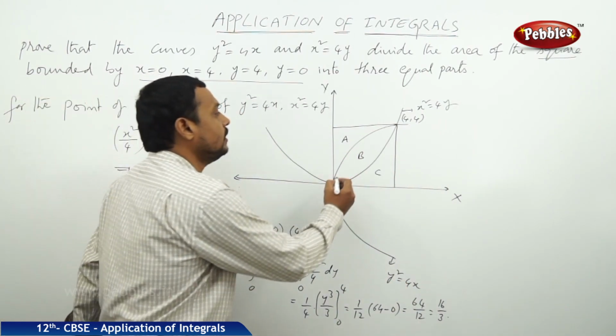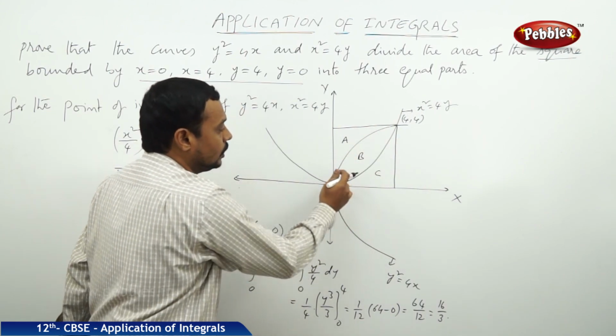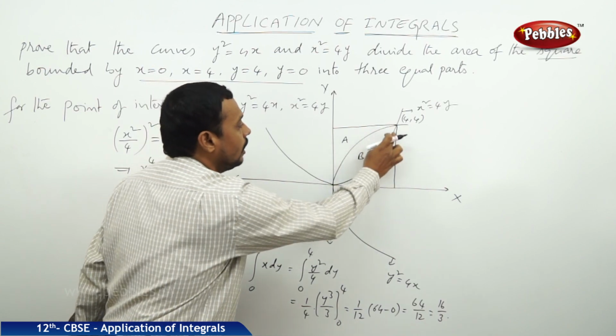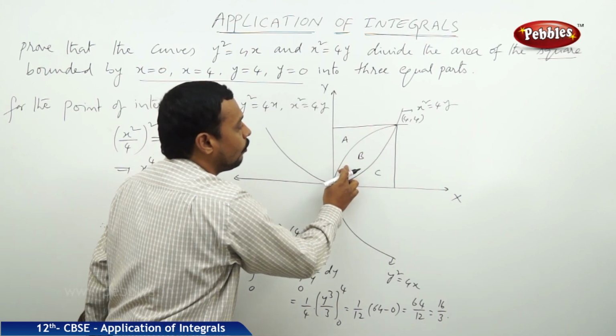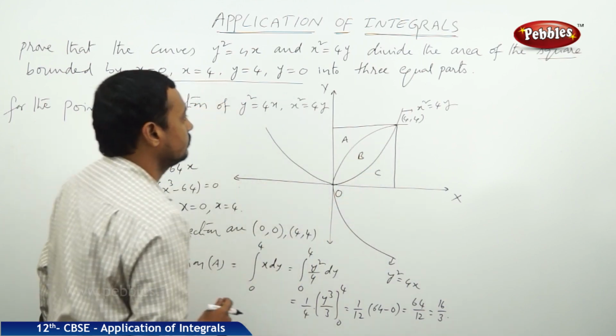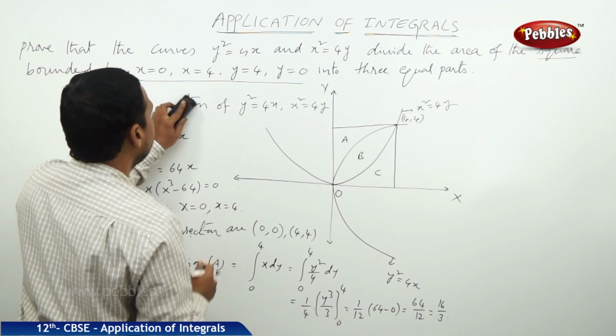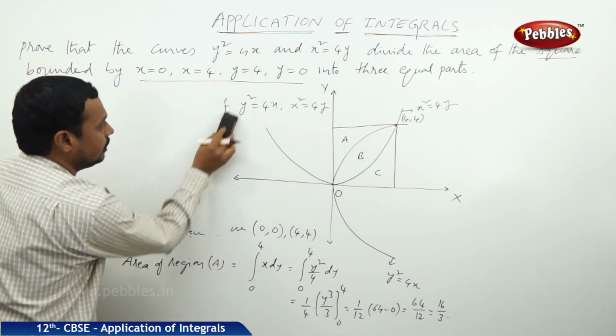Now, let us find the area of the region B. You see, this is the region bounded by the two curves y square is equal to 4x and x square is equal to 4y.